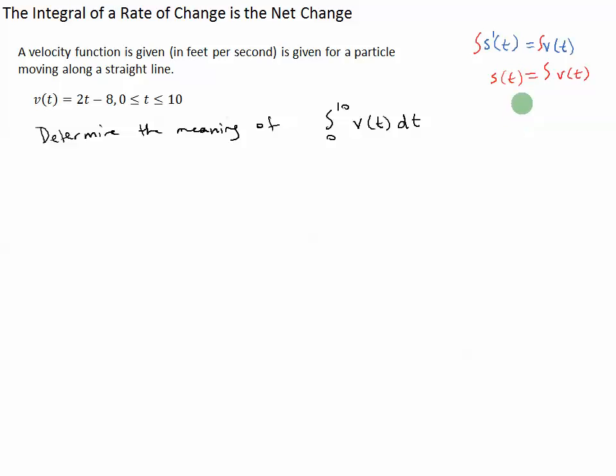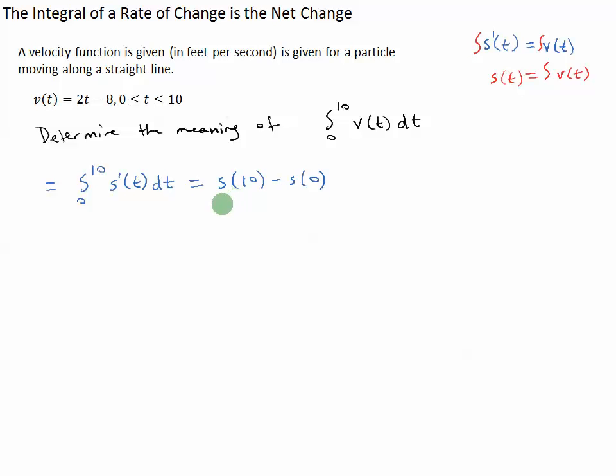Okay, so this is very generic here. What I could do to be a little more specific now, though, since we see that v of t is just the derivative of the displacement or the position function, I could say that this equals the integral from 0 to 10 of s prime of t dt. And from what we just looked at with a different version of the fundamental theorem of calculus, this equals s of 10 minus s of 0.